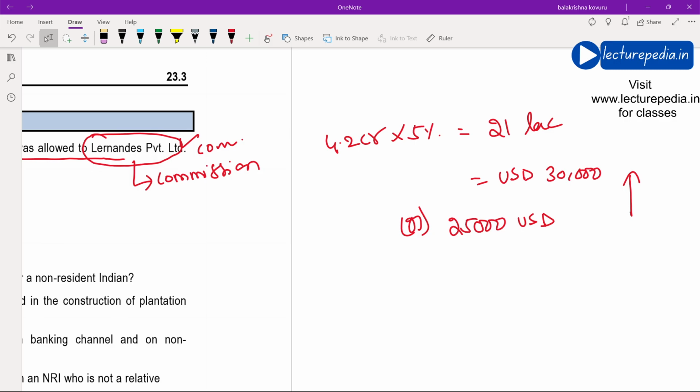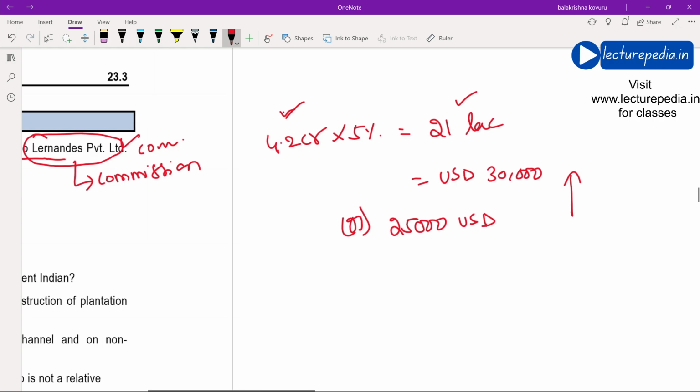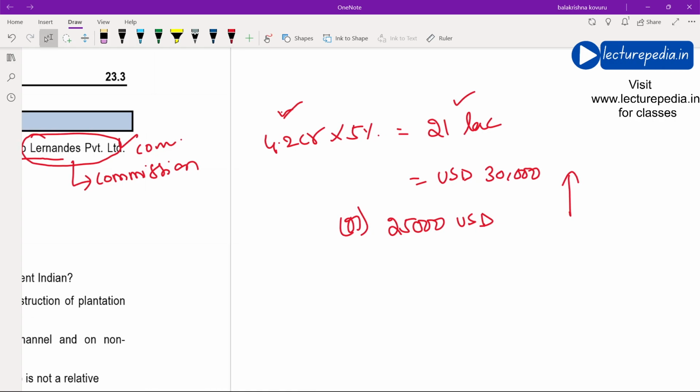In this case, the property was sold for 4.2 crore rupees. Now 5% of such 4.2 crore rupees turns to be 21 lakhs, and in the case study they have given the exchange rate of 70 rupees per US dollar. Now if you convert this 21 lakhs into US dollars, it would turn to be $30,000 or $25,000, whichever is higher.